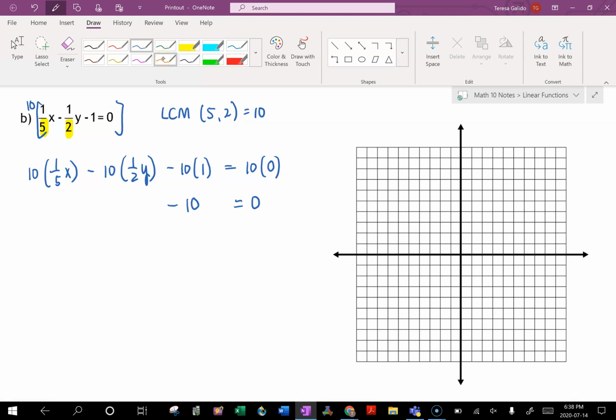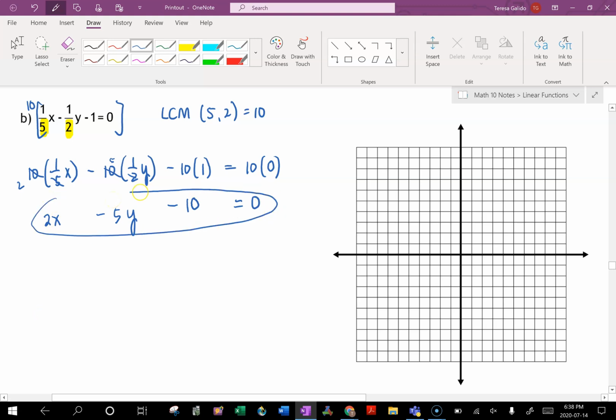Here, we can cancel: 10 divided by 5 is 2, so that's actually 2x. Minus 10 divided by 2 is 5, so that's minus 5y. Or you can just multiply 1/5 times 10, and then multiply 10 times 1/2. So now our equation is a little bit easier to manipulate.